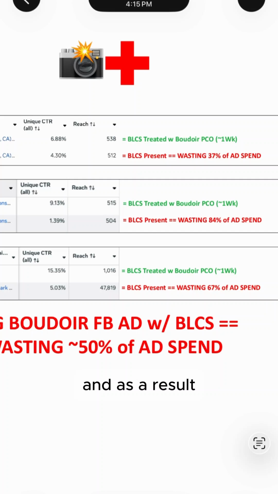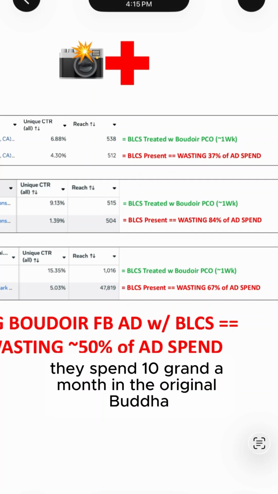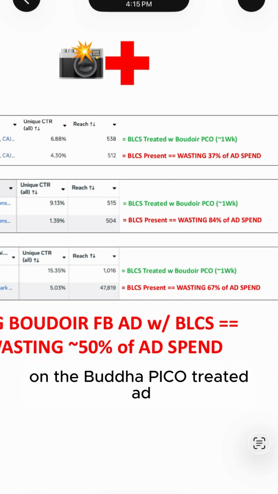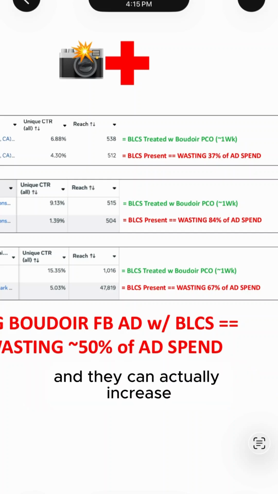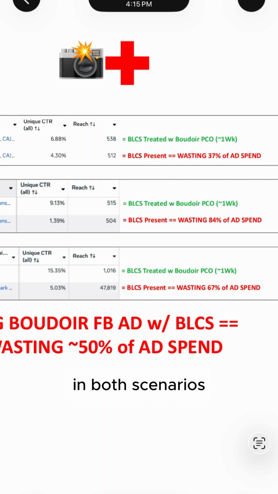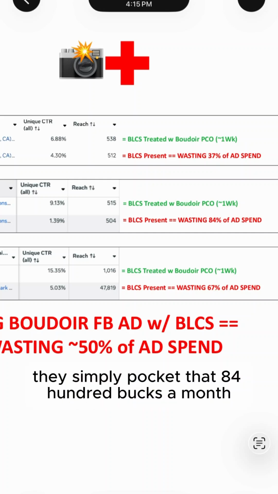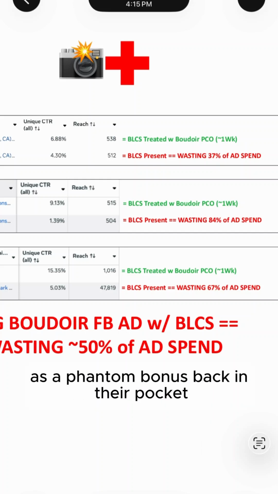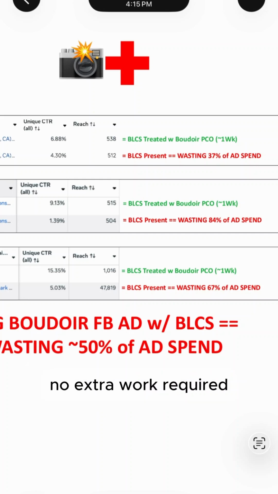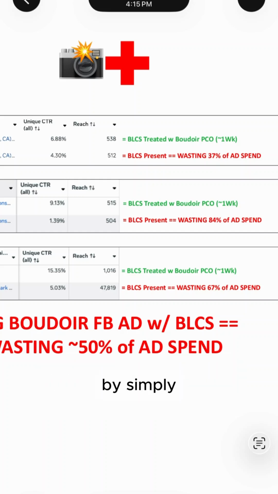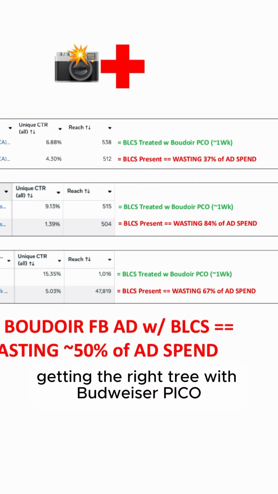And as a result, if they spend 10 grand a month on the original boudoir Facebook ad, now they only need to spend 1.6 grand a month on the boudoir Pico treated ad, and they can get their ad into the same number of women's brains in both scenarios. So they simply pocket that $8,400 a month, not needing to spend that ad spend anymore, as a phantom bonus back in their pocket, no extra work required, and that's like a 100 grand bonus at the end of the year by simply getting their ad treated with boudoir Pico.